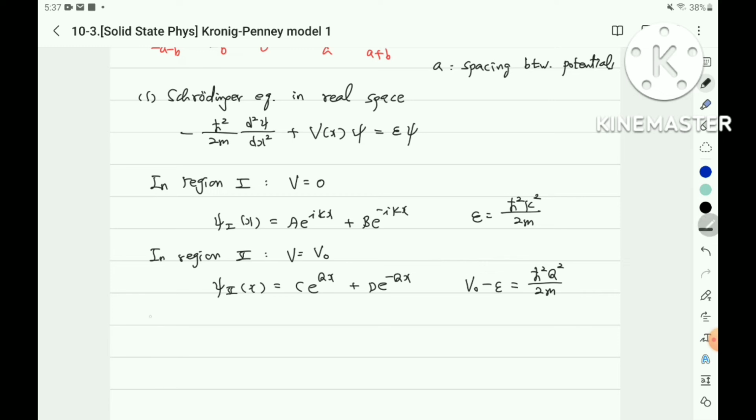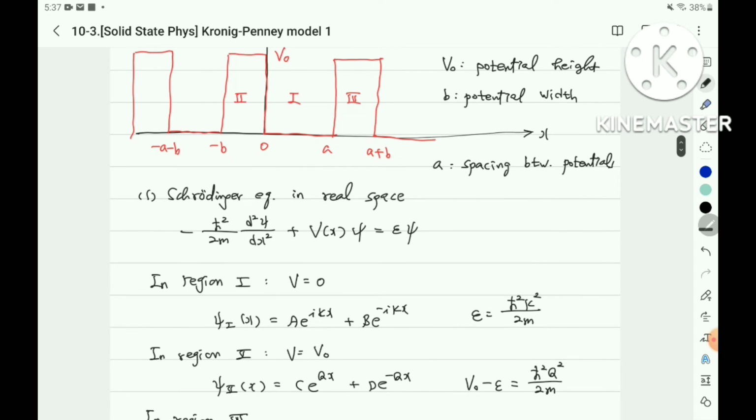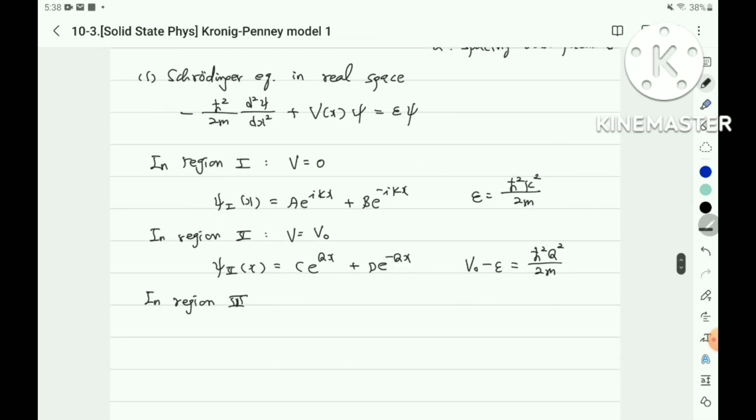And in region 3, region 3 is a periodic potential of region 2. Therefore, here we apply the Bloch theorem, with the potential in region 3 being a periodic lattice.